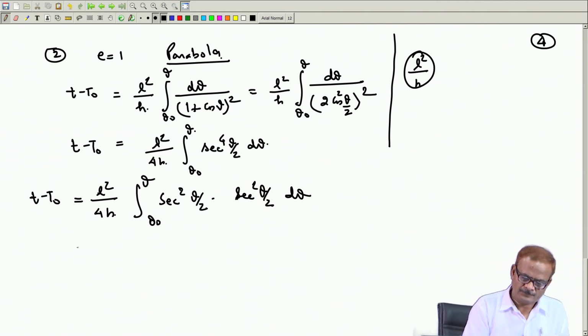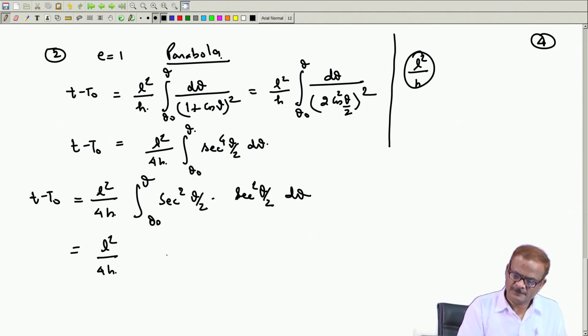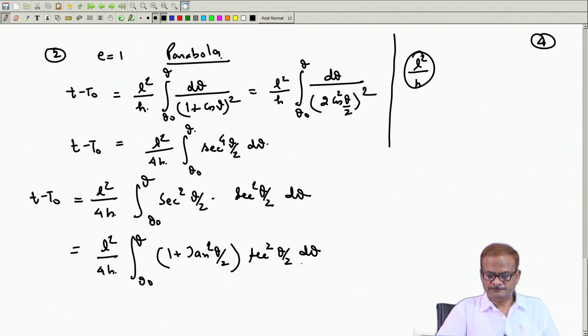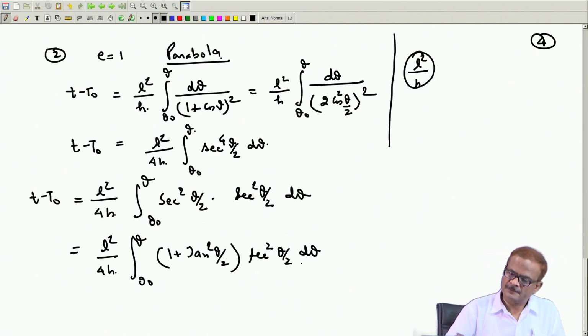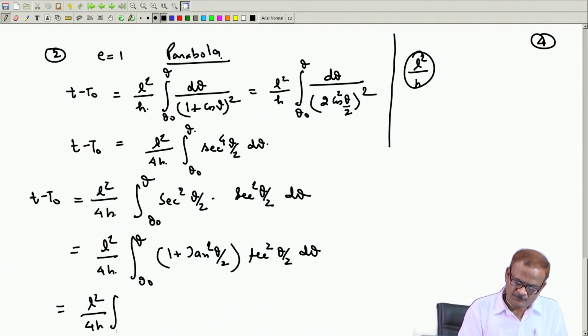Then in the next step we have L square by 4 h, theta equal to 0 to theta. This we write as 1 plus tan square theta by 2 times sec square theta by 2 d theta. Okay, and then we integrate this part by breaking it. One more step we will have to write. These are the standard techniques of doing any problem.